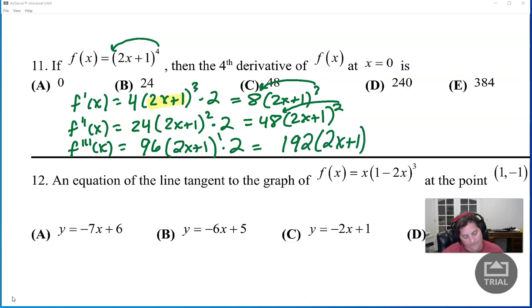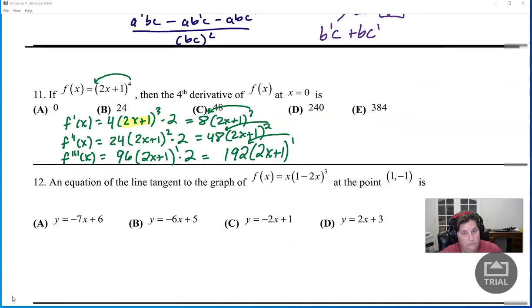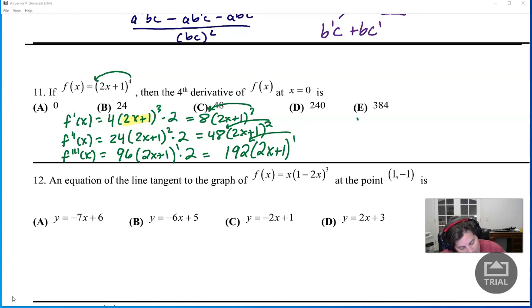All right. Now, the last derivative, there's two ways you can do this. You can continue doing this chain rule thing, but what you need to remember is if you do that, that's going to go to 0. Okay? So, the fourth derivative is going to be 1 times 192, 2x plus 1 to the 0 times the derivative of the inside.